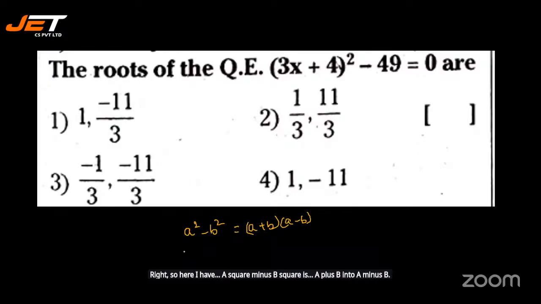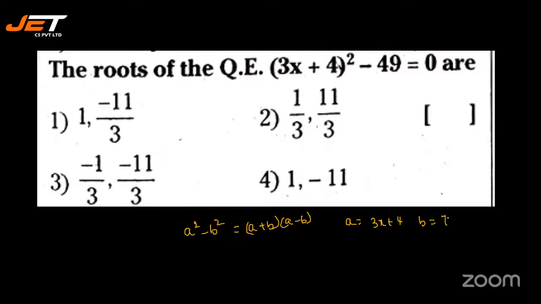So what is a over here? A is 3x plus 4. B is 7. A square minus b square. So what is a plus b? 3x plus 4 plus 7. And what is a minus b? 3x plus 4 minus 7.